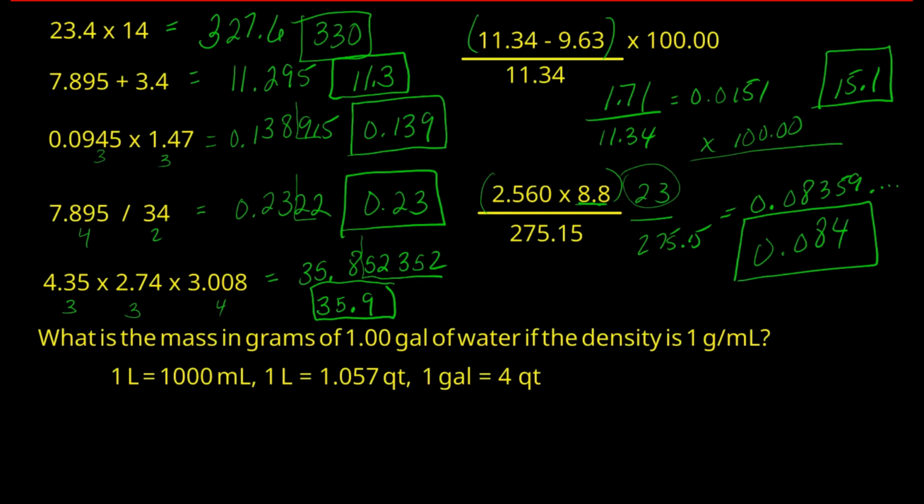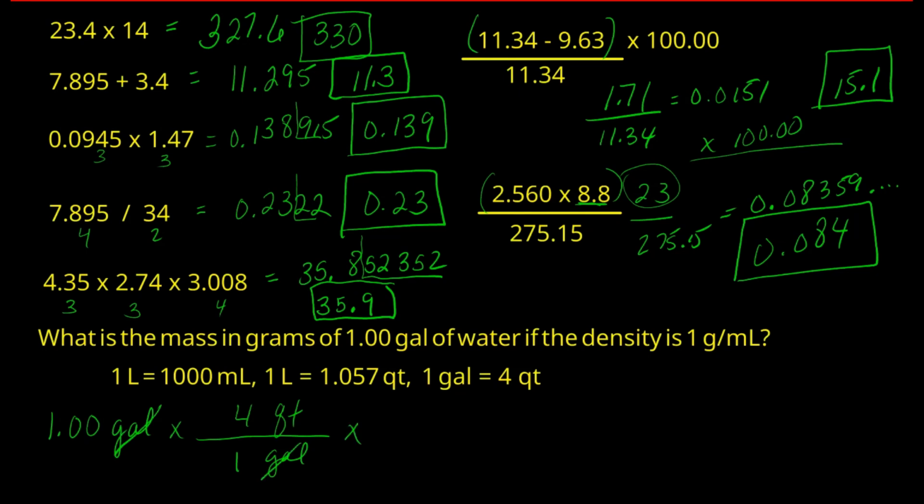All right, so what's the mass in grams? I have 1 gallon of water if the density is 1 gram per milliliter. Okay, so let's start with 1.00 gallons. Okay, when I multiply this, I want gallons on the bottom. I know that 1 gallon is equal to 4 quarts. Gallons cancel gallons.